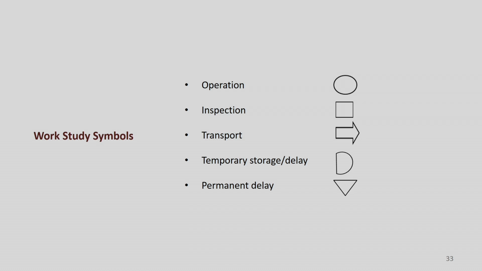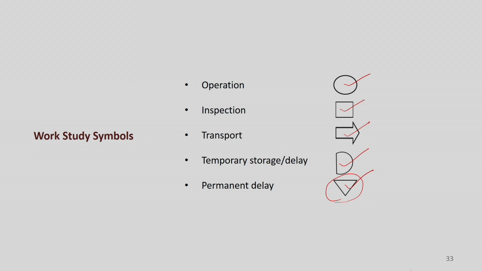Very important when we are talking about work study are the symbols. This is called operation, this is called inspection, transportation, delay or storage, and this is permanent delay. Permanent delay we can consider as a machine breakdown or an inadequate amount of material.